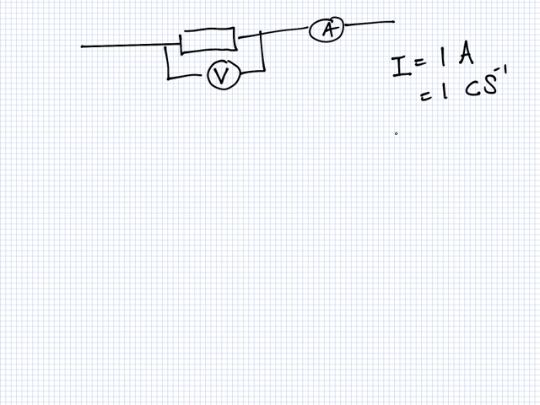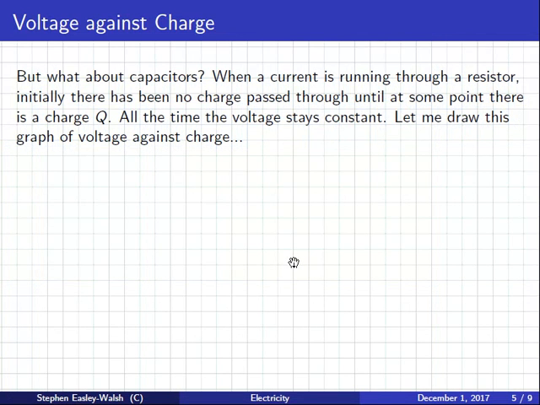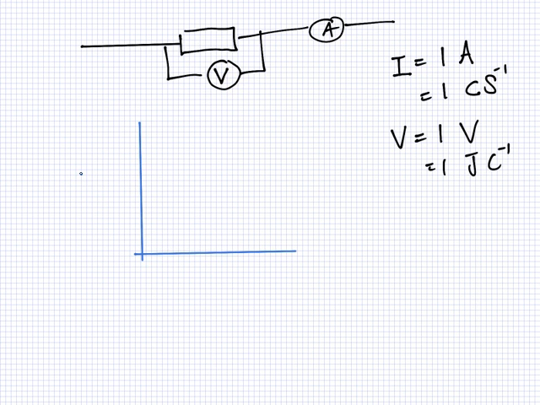And the voltage, we'll keep it easy, we'll say it's 1 volt. Which you might remember is 1 joule per coulomb. And what I want to graph, I think I said it here, didn't I? Voltage against charge. So I'll put V here and Q here.